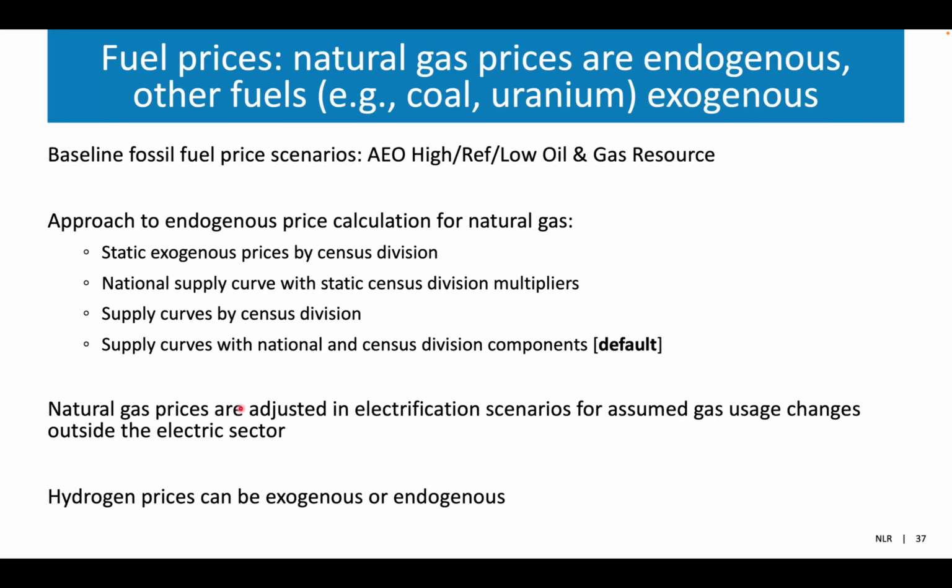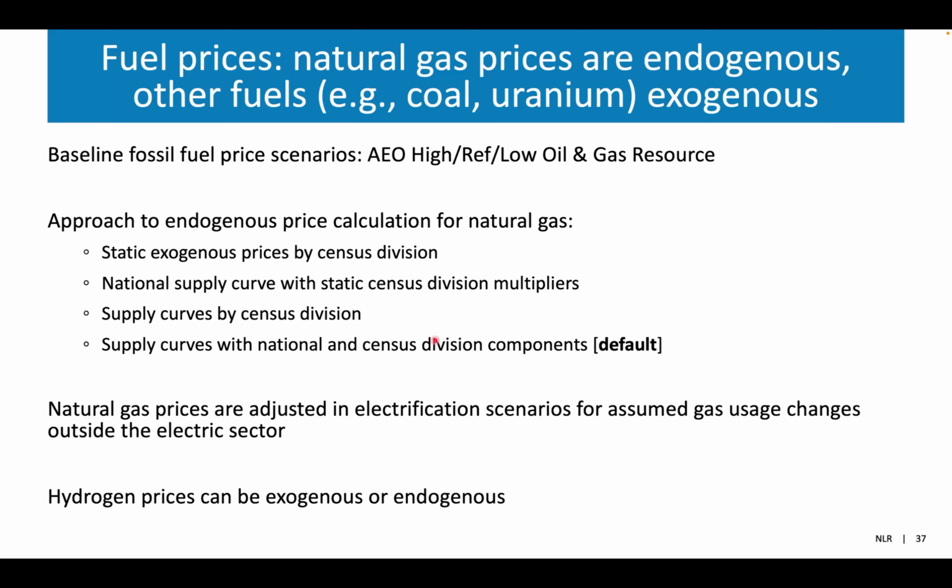By default, though, ReEDS actually models natural gas prices elastically and links fuel prices to demand via a formulation that considers both regional and national elasticity coefficients to determine changes in fuel prices in response to electric sector natural gas demand.